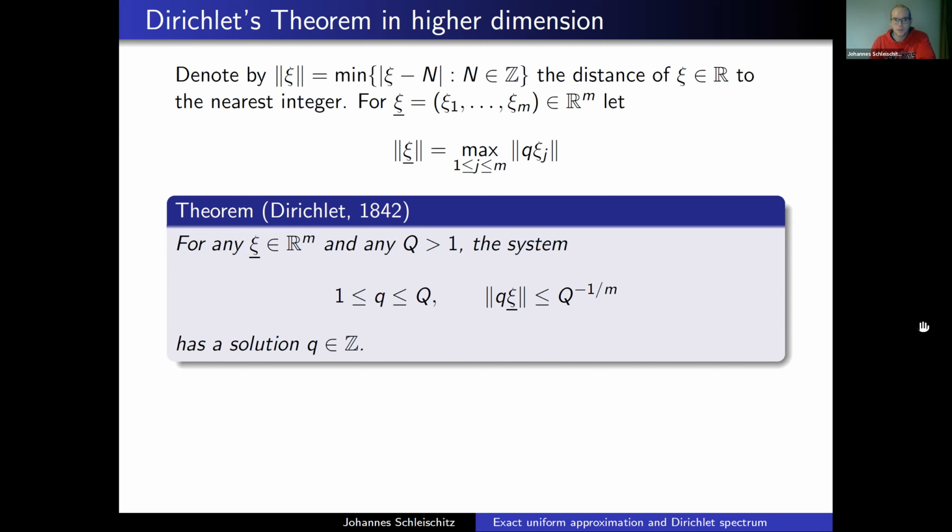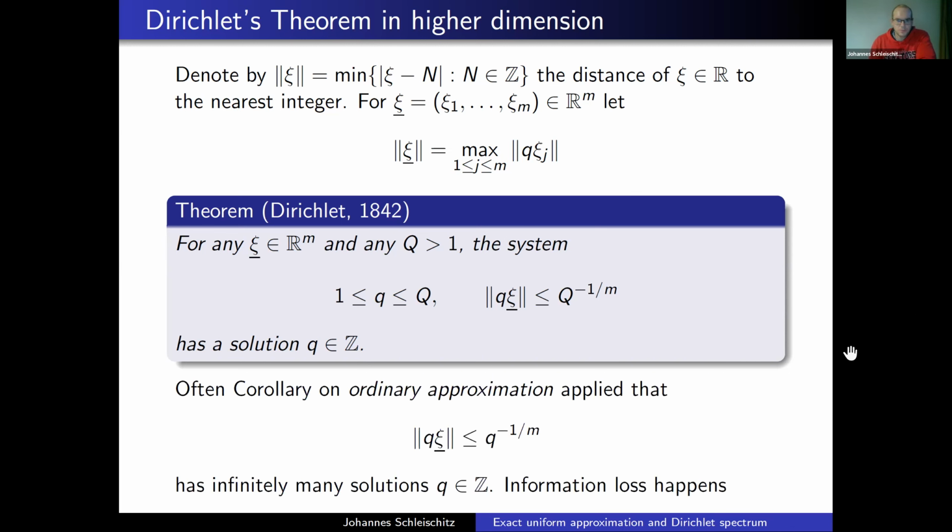For m numbers, you always have a solution to this. And often we use a corollary which says that q psi has distance at most q to the -1 over m infinitely often. But there is some information loss happening, of course, and in this talk it will be important that we are mostly concerned with the more general version with the parameter capital Q.